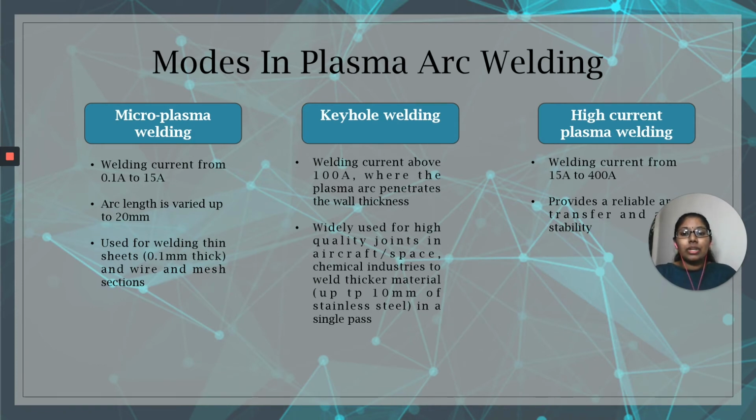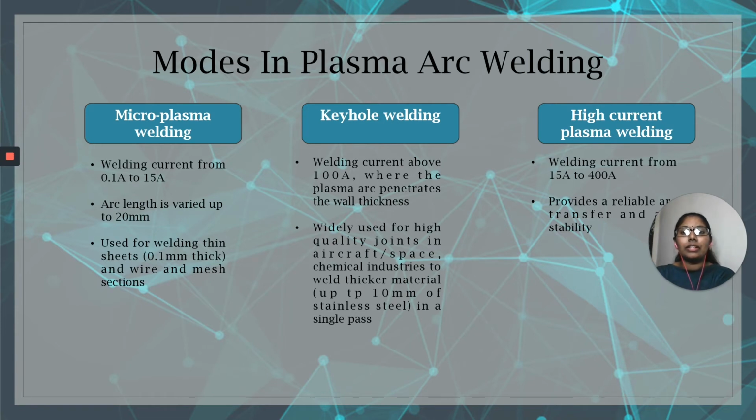The next one is the high current mode, also known as melt-in mode, which typically ranges from 15 to 400 amperes and is used for precision and high weld quality operations. It is also used in overlay applications such as hard surfacing.